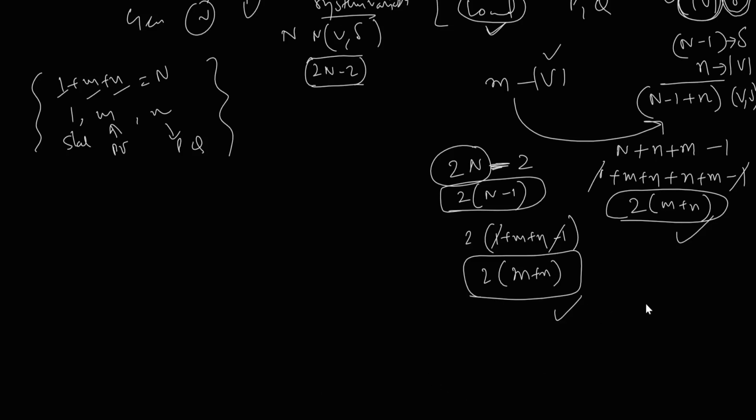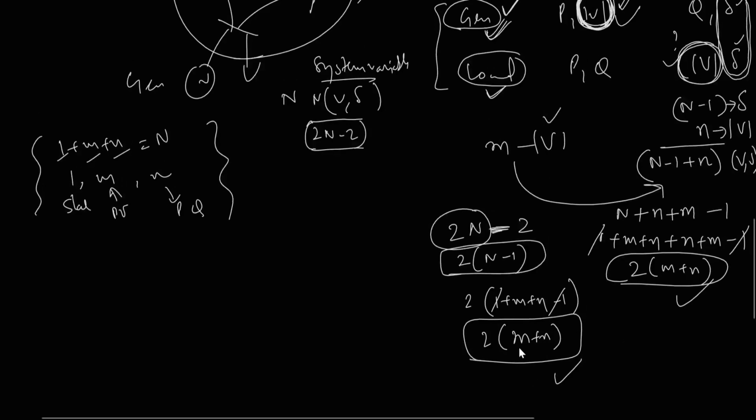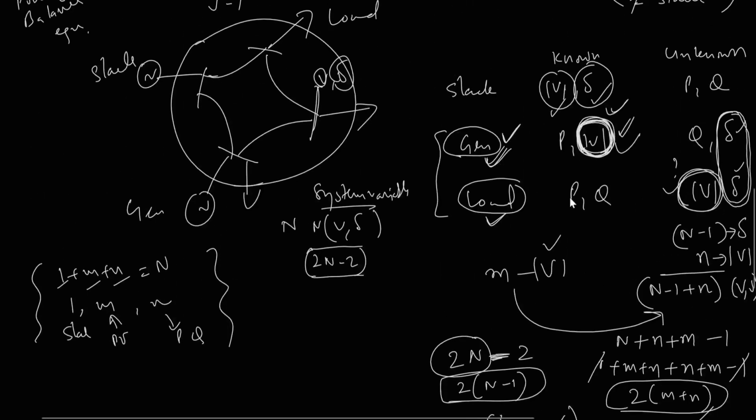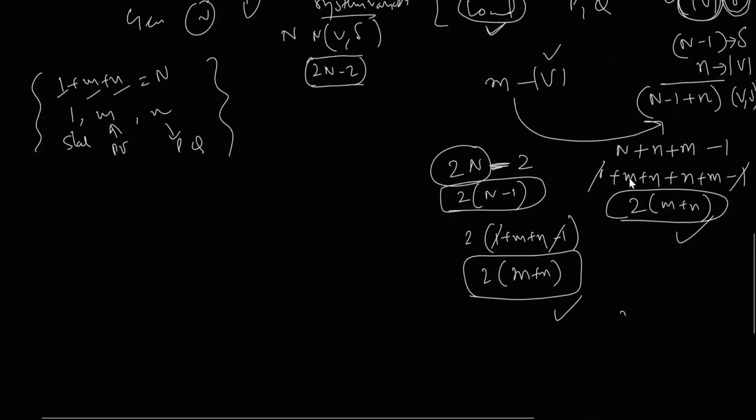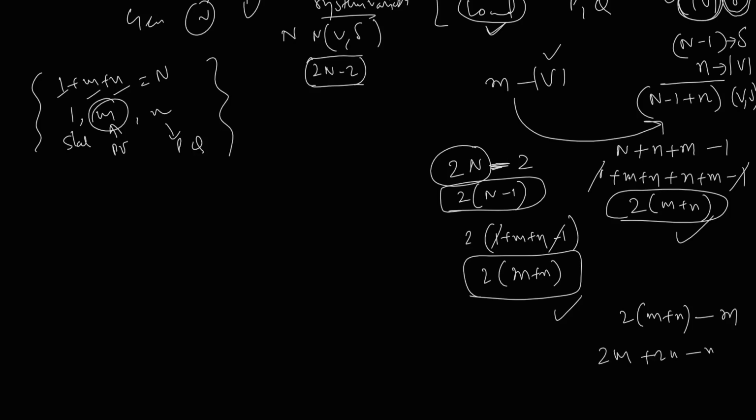However, out of these 2 into (m plus n) variables, m number of voltages are already specified. So from this 2 into (m plus n), I have to subtract m number of voltages, which is 2m plus 2n minus m, or otherwise 2n plus m variables to be determined.